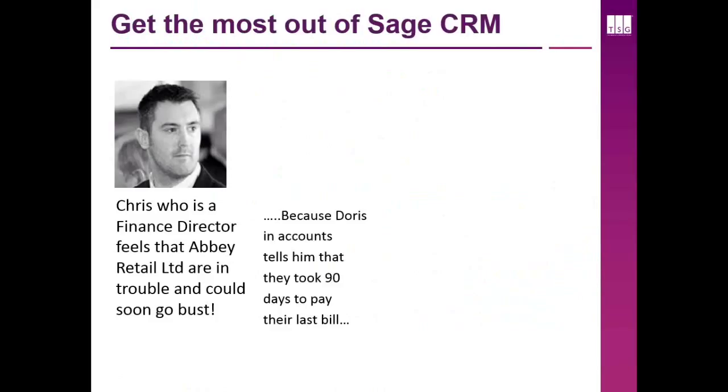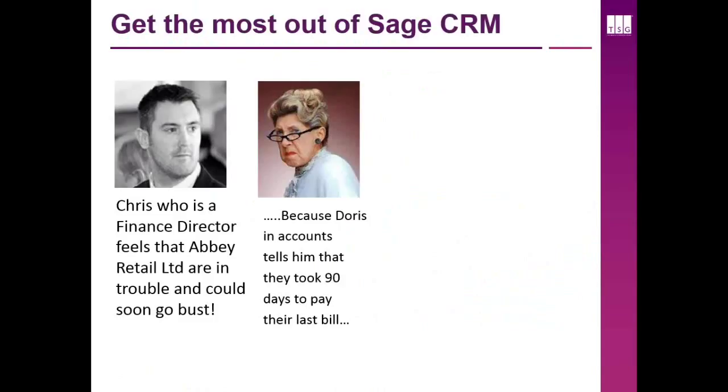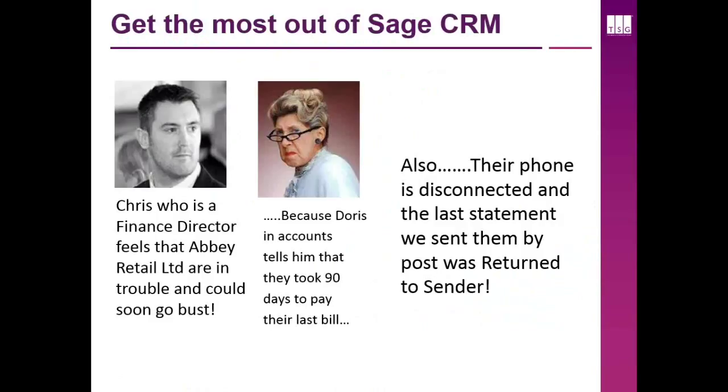That is based on information coming from Doris, who works in accounts and tells him that Abbey Retail took 90 days to pay their last bill. Also, extra information: the last time Doris called them, the phone had been disconnected, and the last statement sent to them by post was returned to sender. So the picture we're getting from accounts is very different to what the sales guys are getting.